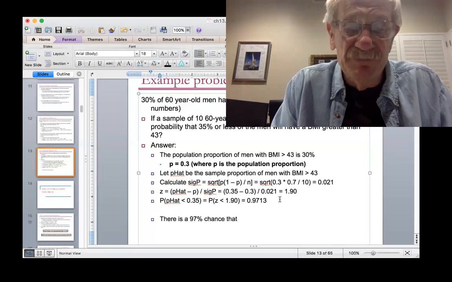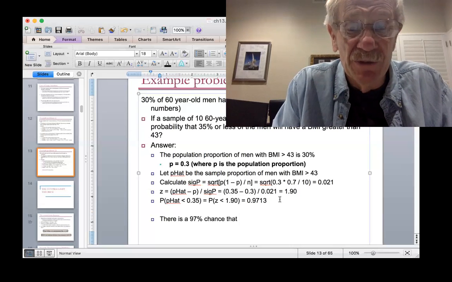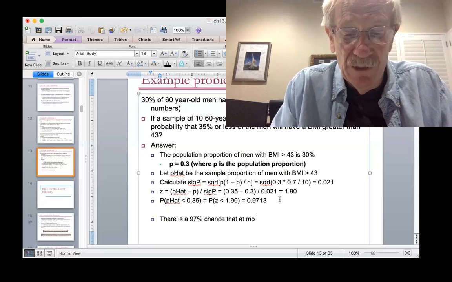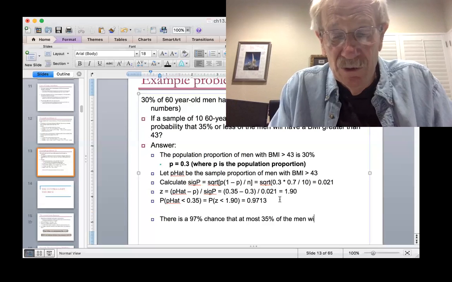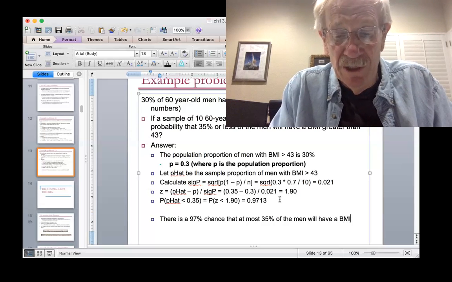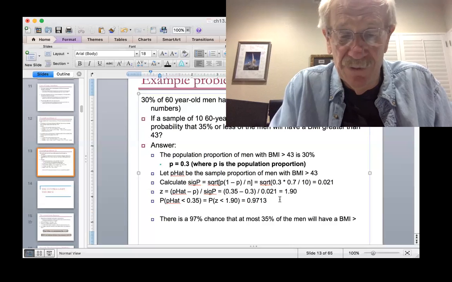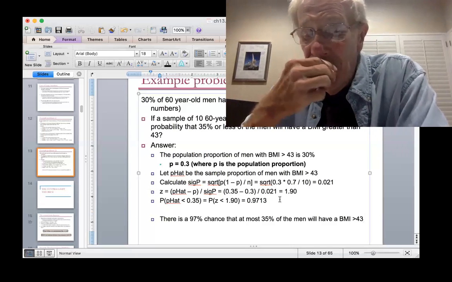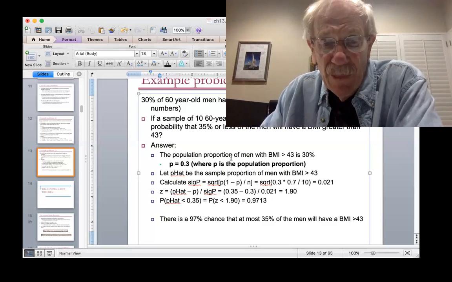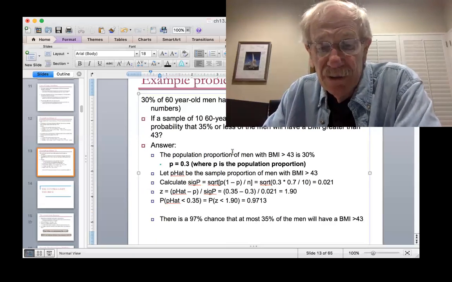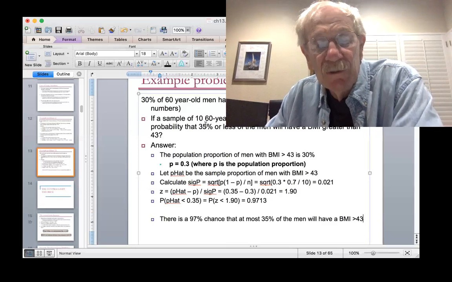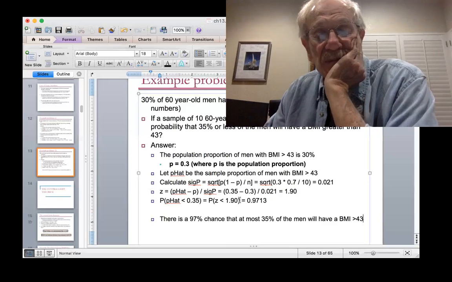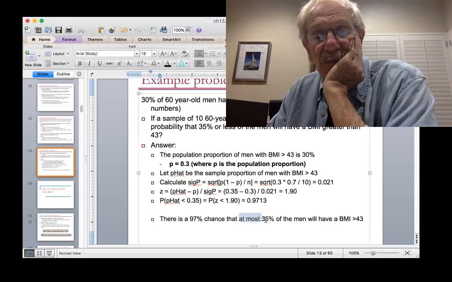At most 35% of the men will have a BMI greater than 43. I changed, this is the key phrase here.